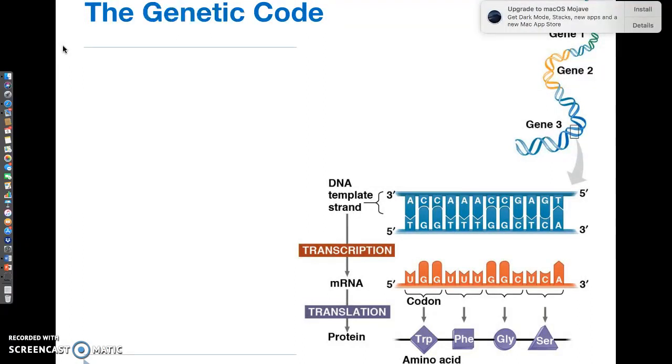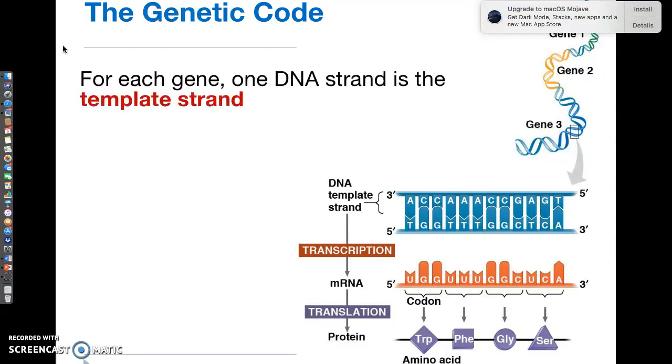How is the genetic code read? So for each gene, one DNA strand is read, and this strand is known as the template strand. The RNA that is going to be synthesized or transcribed from that DNA, again, it's called mRNA.